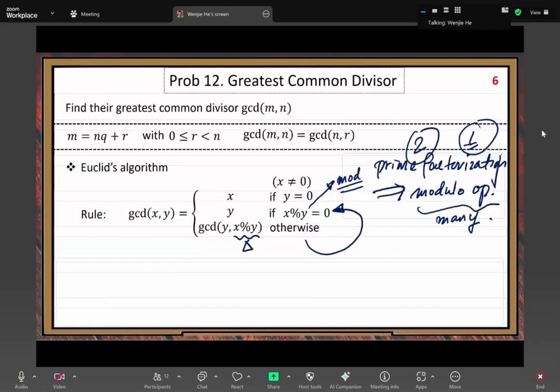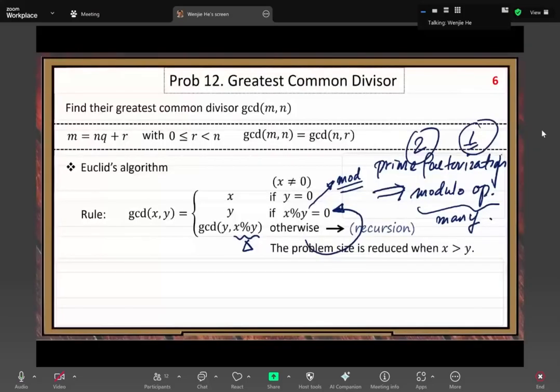So now we complete. This is Euclid's algorithm, more than 2,000 years old. That old.